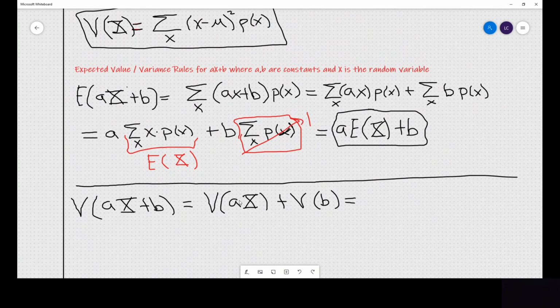So all I'm going to do is everywhere I see an x, I'm going to take a times x minus mu.